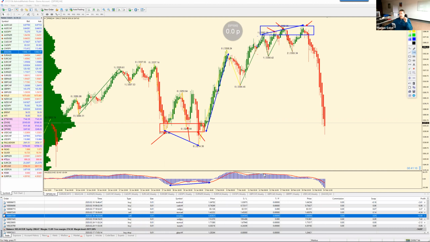Lower high, lower high. And what happened? Wham, bam, price went down. This is a really successful trading strategy. But pay attention, guys, not always.